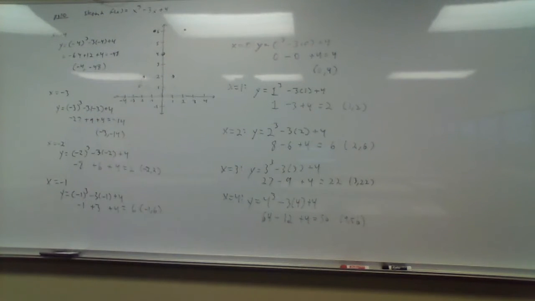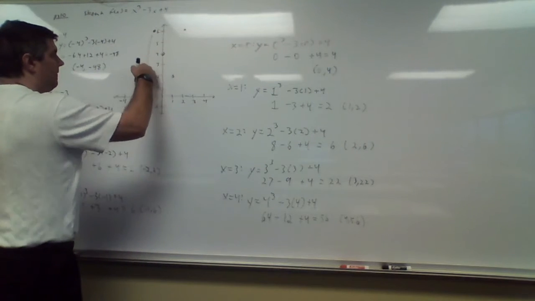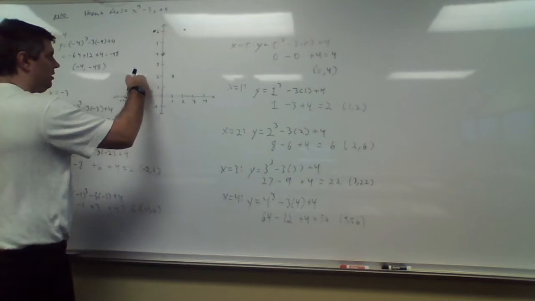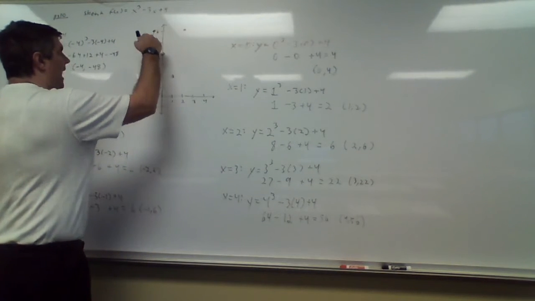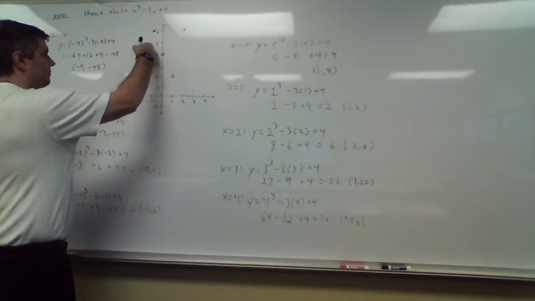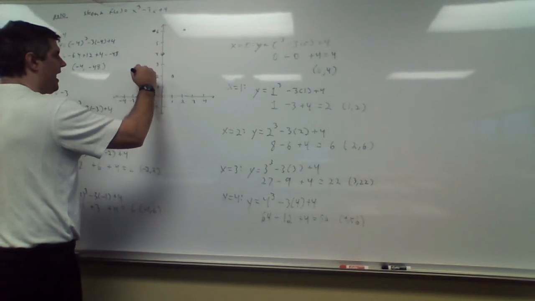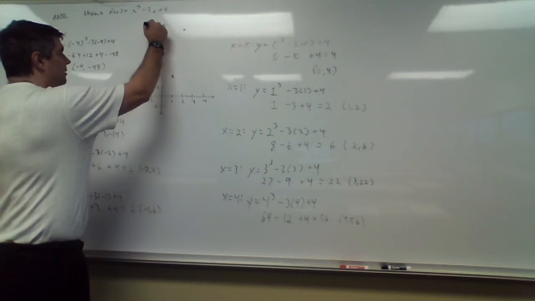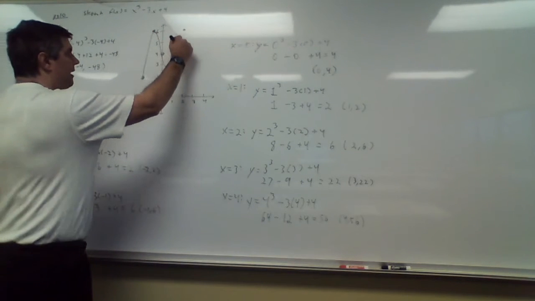Let's try and make a curve look curve-like. Actually, I'm going to start this over. I'm going to play a game of connect the dots with the dots we have. So up, back down, here, and then back up.